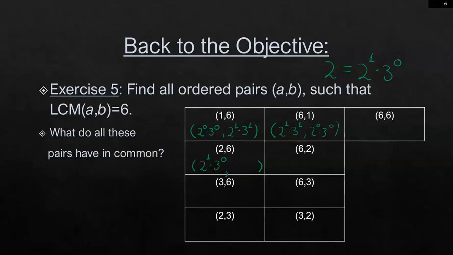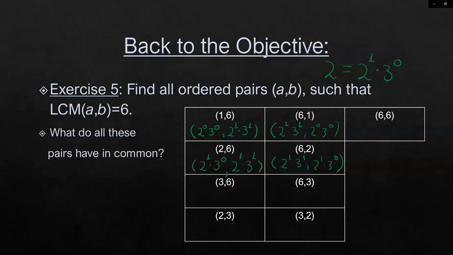And then 6, I can write it like I did before, 2 to the first power times 3 to the first power. Same for the mirror image, of course. I'm going to do it because there is no difference. Yes, nice. We just reverse it. Perfect. Thank you. All right. Very nice. Let's keep it going.